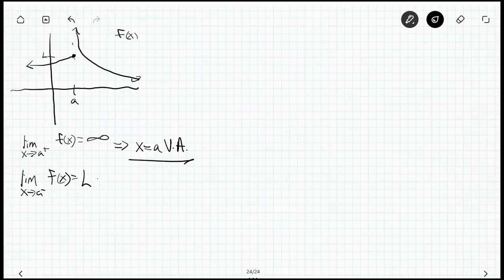Now, there's a bit of a trick here that we have to be really careful of, a little trap, if you will. Let's deal with f of x equals 1 over x squared.